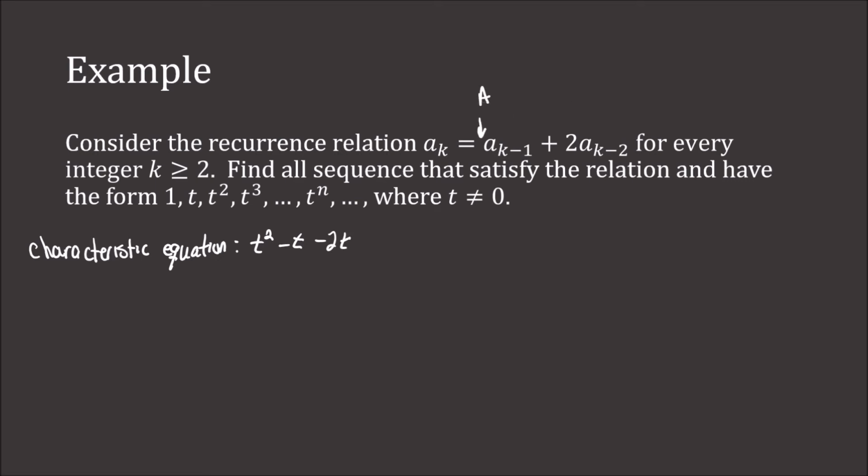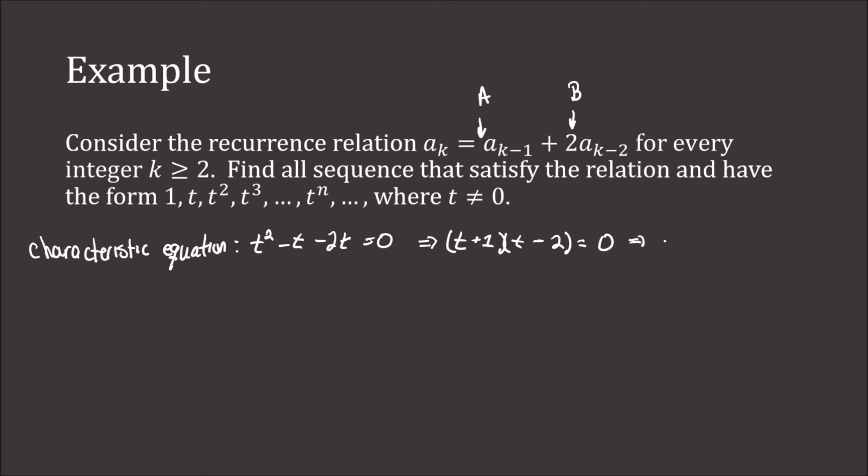This is capital A, this is capital B, this is an implied 1, and this has to equal 0. So we solve this, and we ask, can this be factored? Factors of 2 that when subtracted give 1 are 2 and 1. So good, this can be factored. So this factors to t plus 1 times t minus 2 is equal to 0.